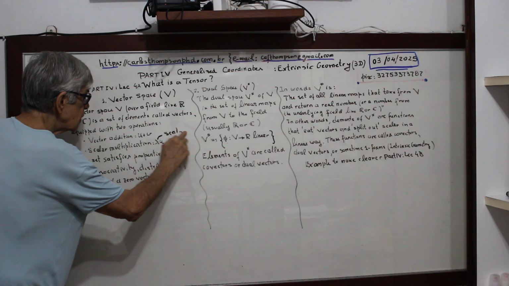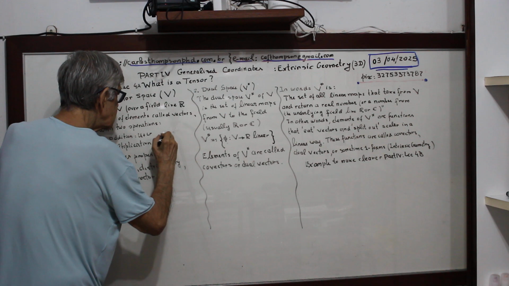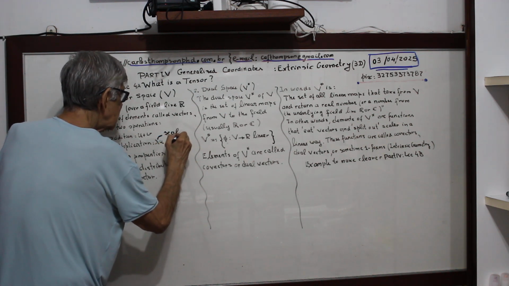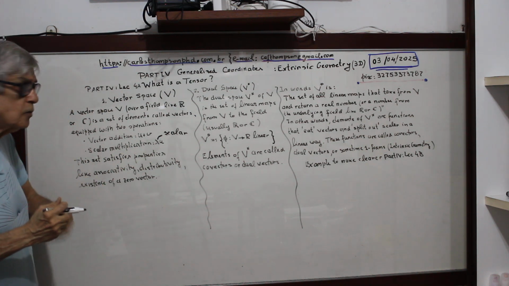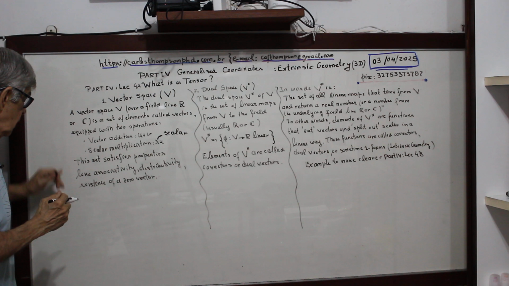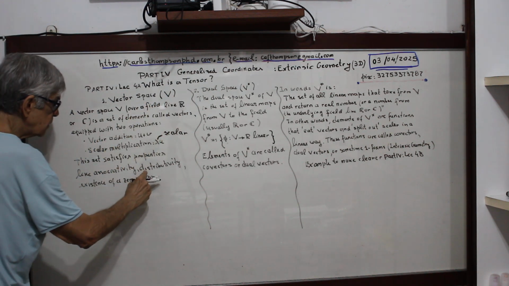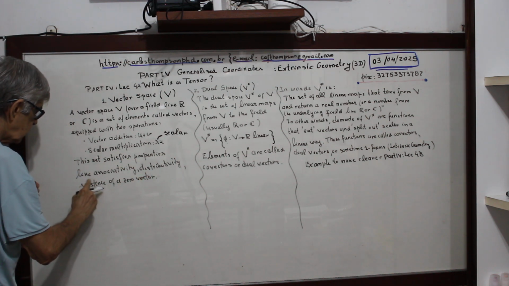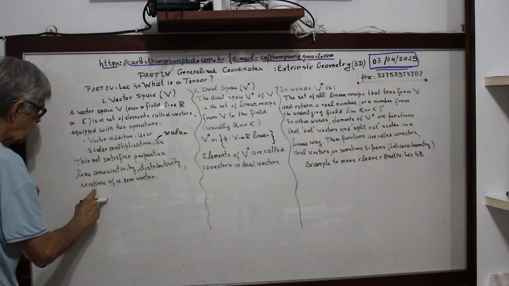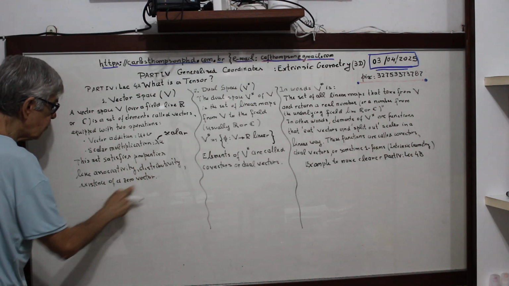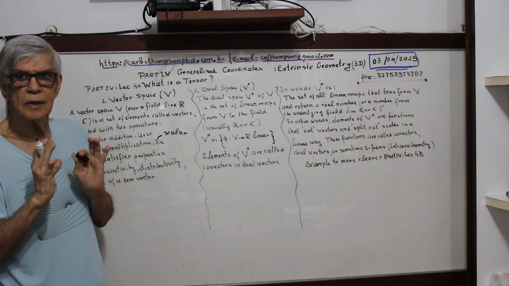Lambda is a scalar, and u is a vector, an element of this space. This set satisfies associativity, distributivity, and the existence of a zero vector. That's what you learned in linear algebra.